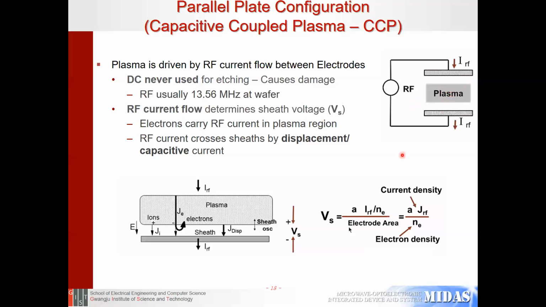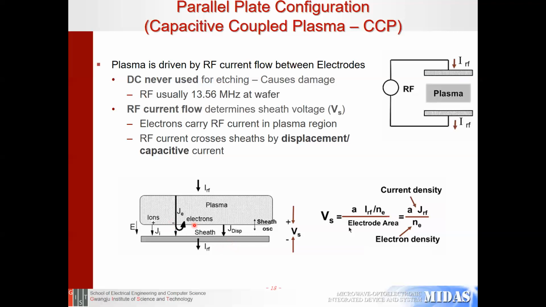So how do this capacitive current and displacement current develop? We know that charge is built up on both sides, on the two plates of the capacitor. The charge on one side induces the charge on the other side, and we basically have oscillating charge across the capacitor. So let's talk about the sheath region. We have electrodes here, and the charge is building up and going away on the metal electrodes.